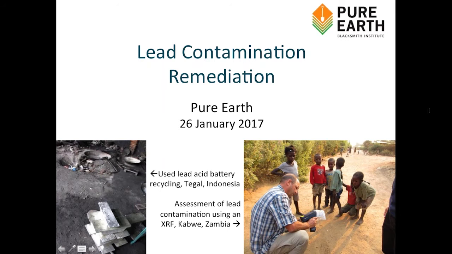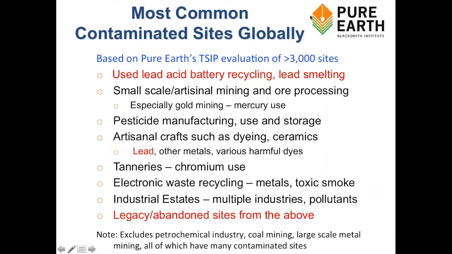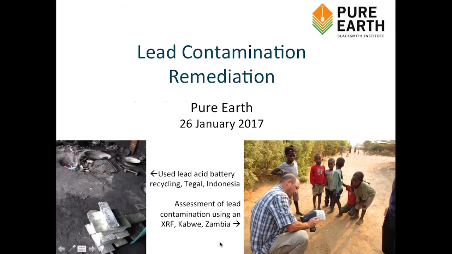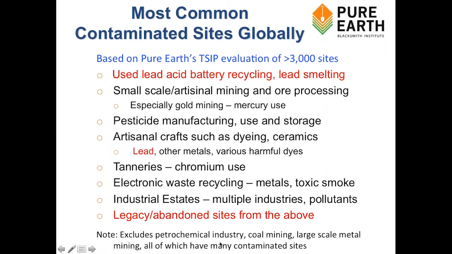Lead contamination, as most of you probably know, is what we in Blacksmith or Pure Earth have found to be the number one contaminant around the planet for site contamination. This slide shows the major types of contamination sources that we've found in our evaluation of over 3,000 sites. Right up there on the top is used lead-acid battery recycling and lead smelting.